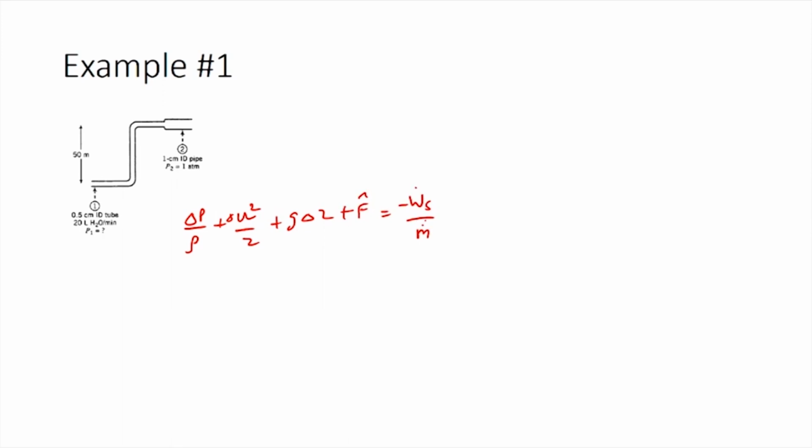In this system, we have been told that there is no friction, which means the friction factor can be equated to 0, and we also know that there is no shaft work because there are no moving parts in the system, which means Ws also goes to 0. So, for this system we can use Bernoulli's equation for performing mechanical energy balances. Bernoulli's equation is delta P divided by rho plus delta U squared by 2 plus G delta Z equals 0.